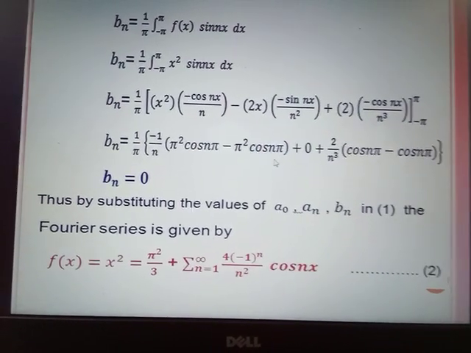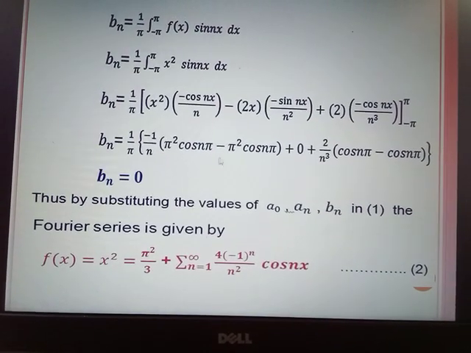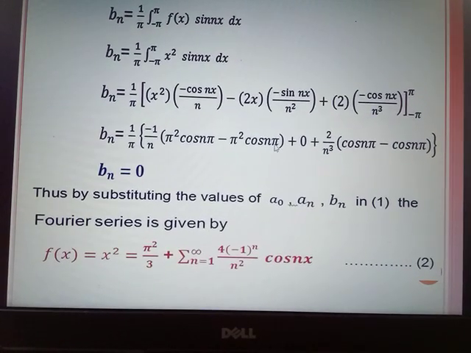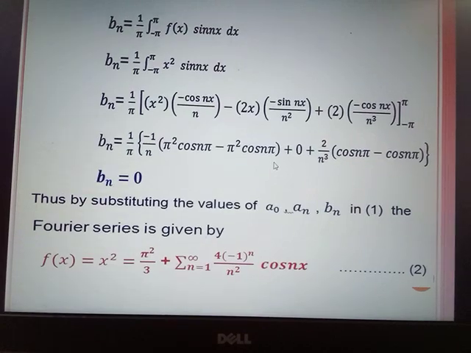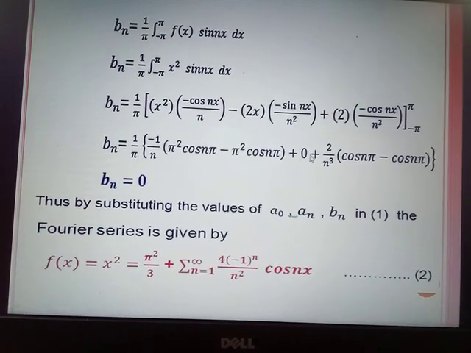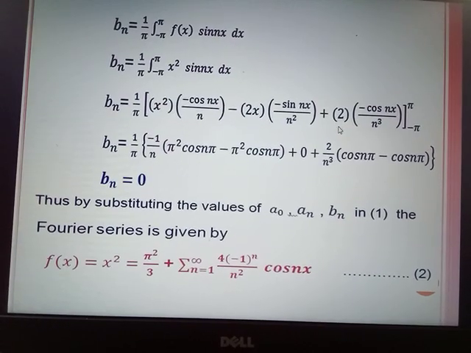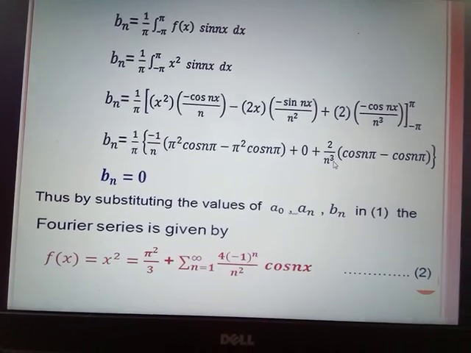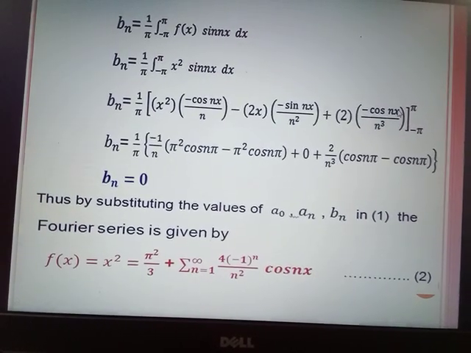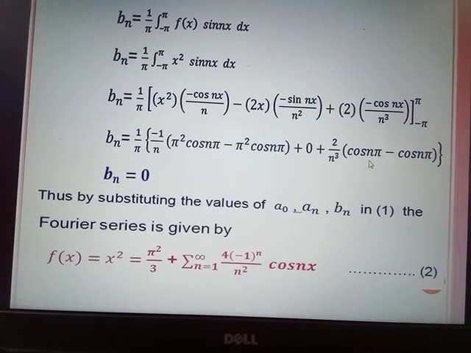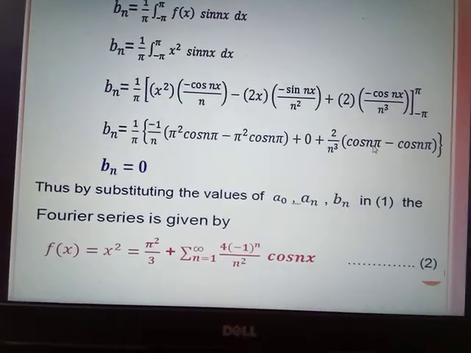Again cos of minus theta is cos theta, therefore it is pi square cos n pi minus pi square cos n pi, plus the middle term is 0, plus take n cube outside, it will be 2 by n cube.